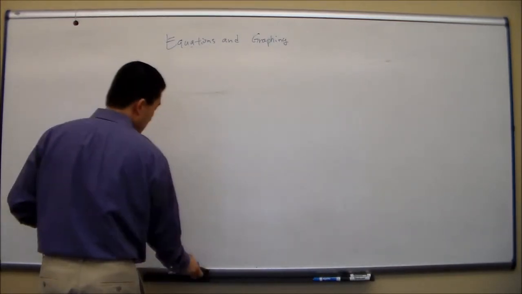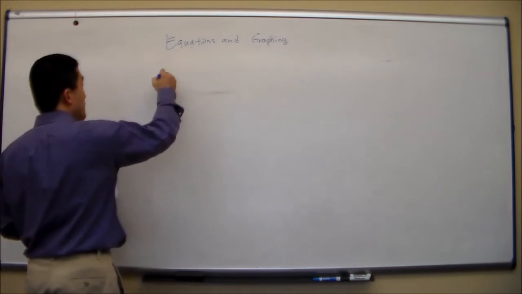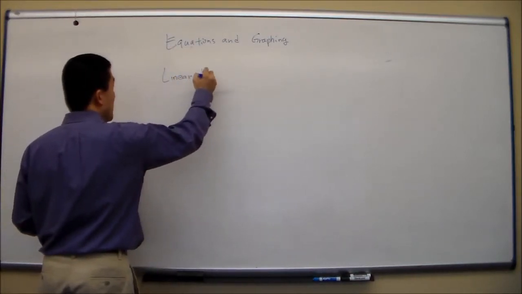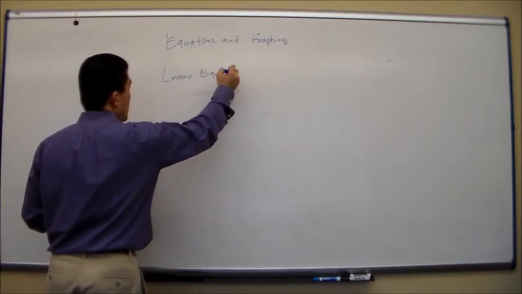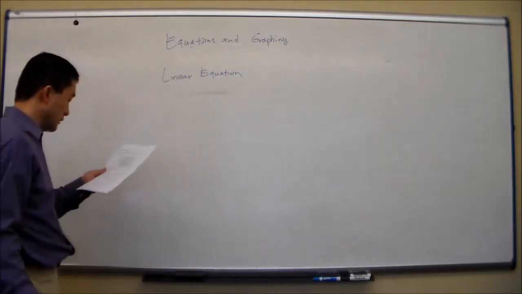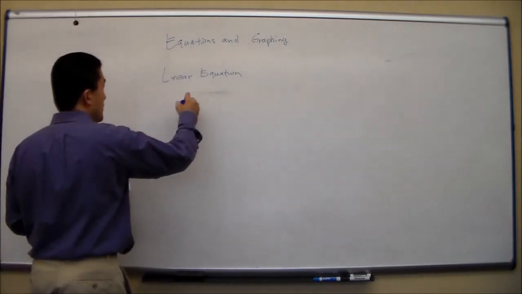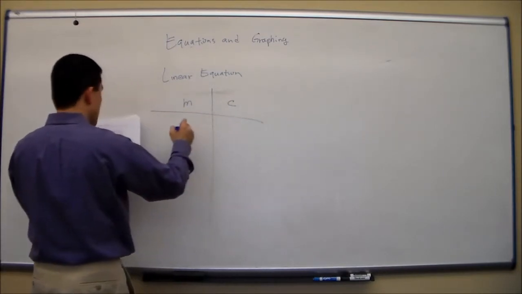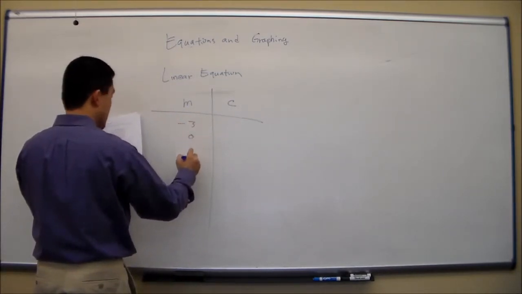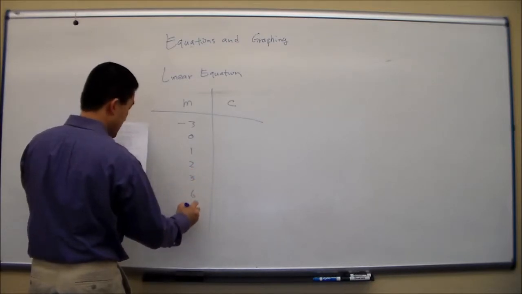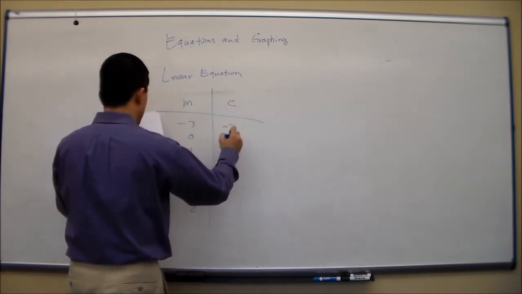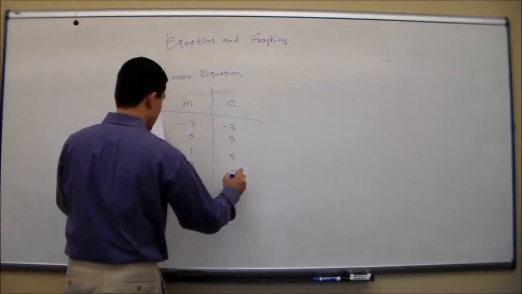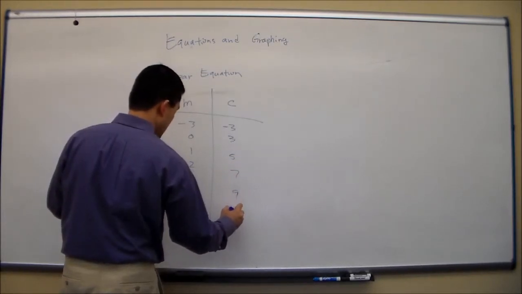Okay. So the next thing is linear equation. I'll explain what that means in a little bit. But first, let's look at the table. M and then C. M: -3, 0, 1, 2, 3, 6, 8. C: -3, 3, 5, 7, 9, 15, and then 19.